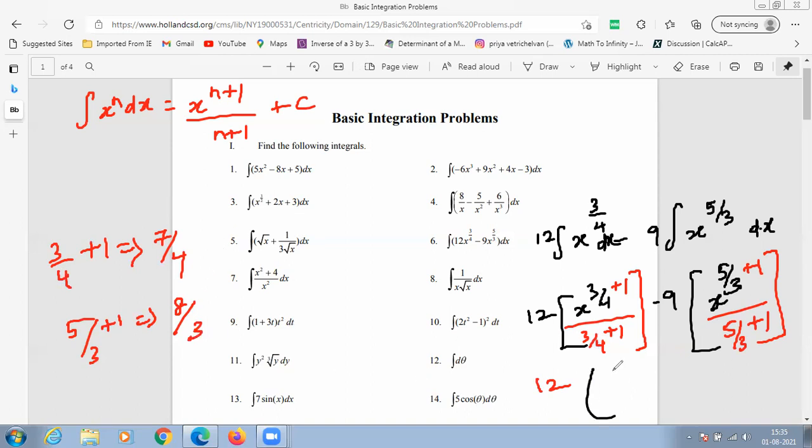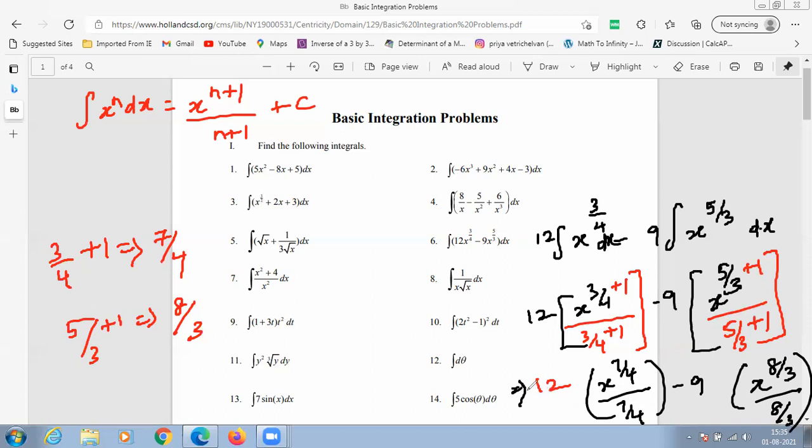So it's 12 times x power 7 by 4 upon 7 by 4, minus 9 into x power 8 by 3 upon 8 by 3. That's it. You can simplify this also. You can write it as 12 times 4 upon 7 into x power 7 by 4, minus 9 into 3 upon 8 times x power 8 by 3.